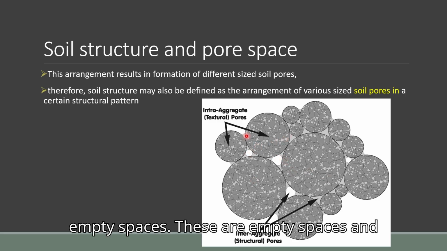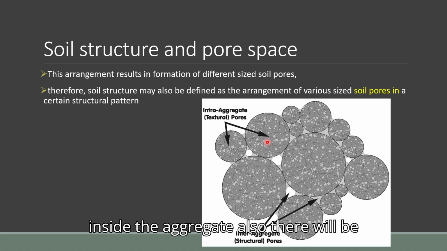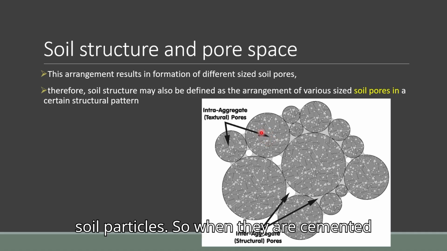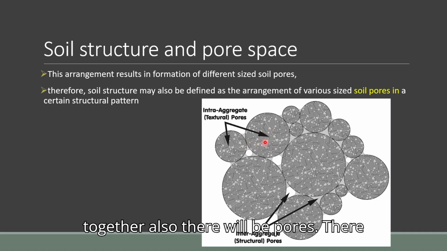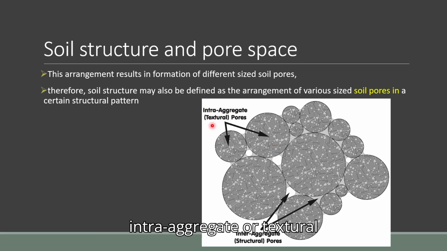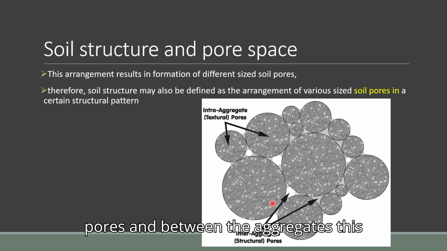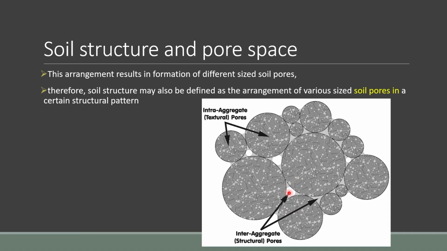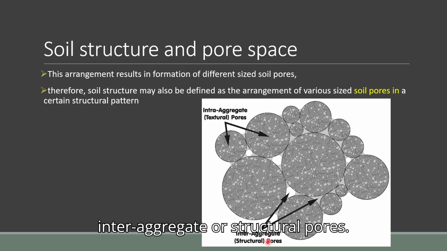Inside the aggregate also there will be soil particles, and when they are cemented together, pores will be created. Within the aggregates, the pores are known as intra-aggregate or textural pores, and between the aggregates, the larger pores are known as inter-aggregate or structural pores.